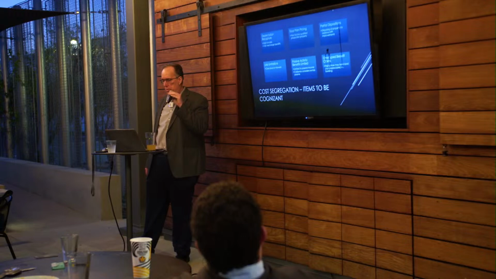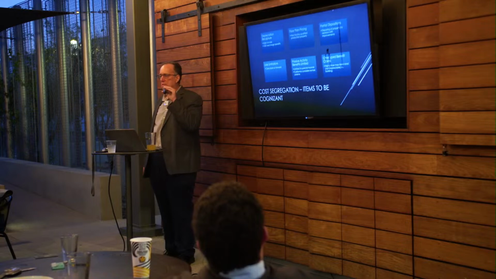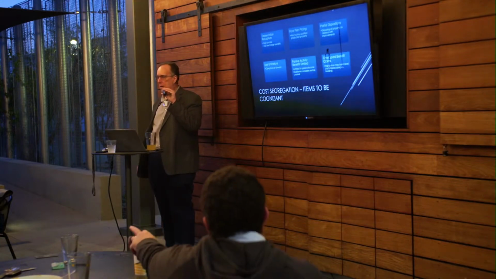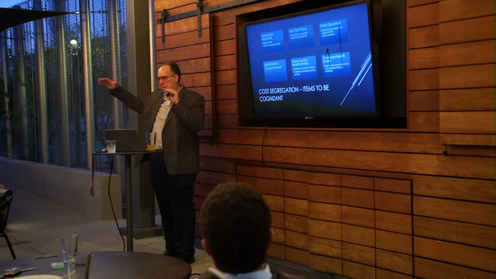So when we take a property, let's say we have that $1 million property, we take $200,000 in bonus depreciation. Now our basis in the property is $800,000. So if we were to do an exchange and convert that to another $1 million property, that property now has a basis of $800,000. So we can only cost segregate based on that $800,000 rather than the $1 million.